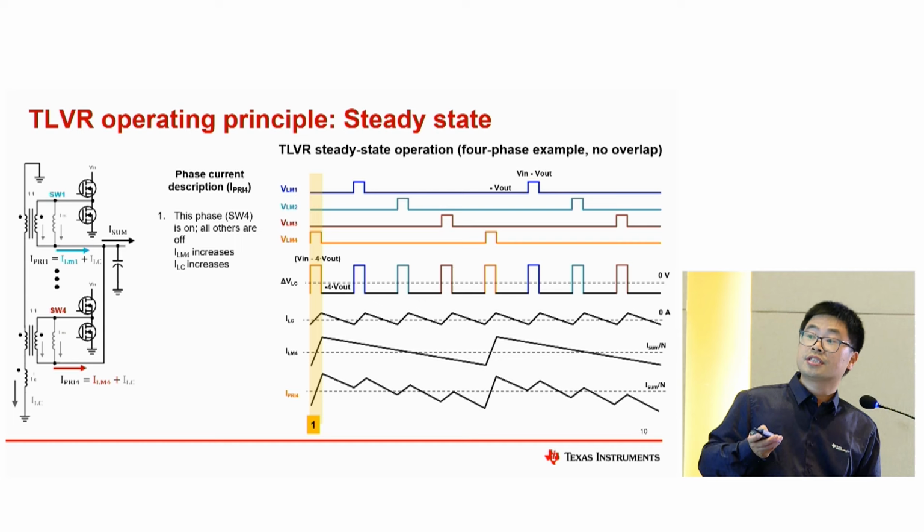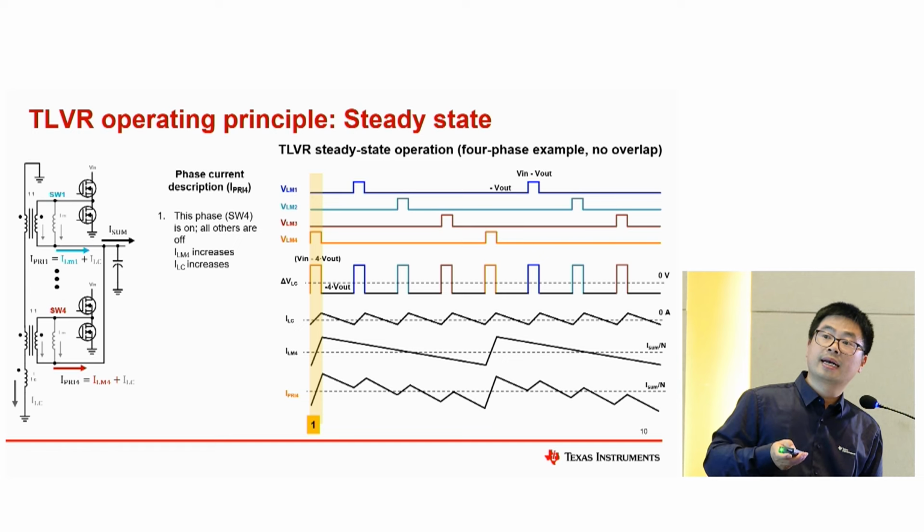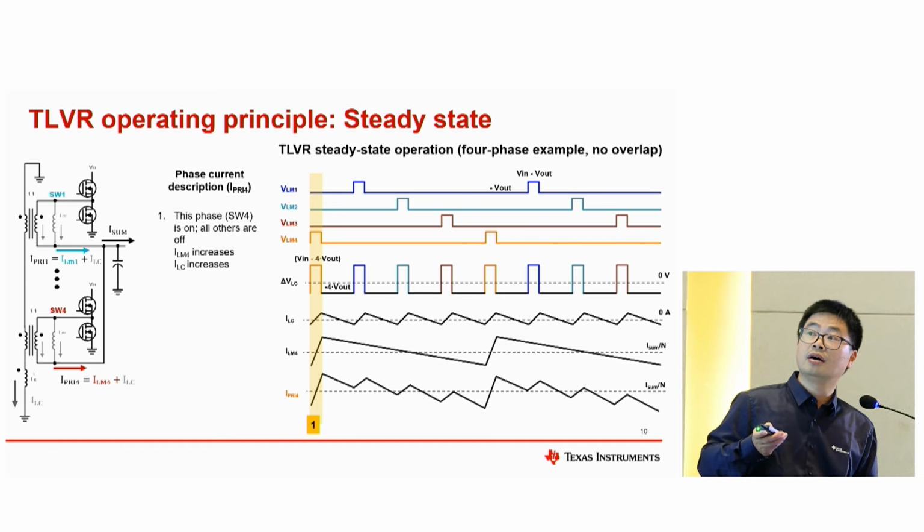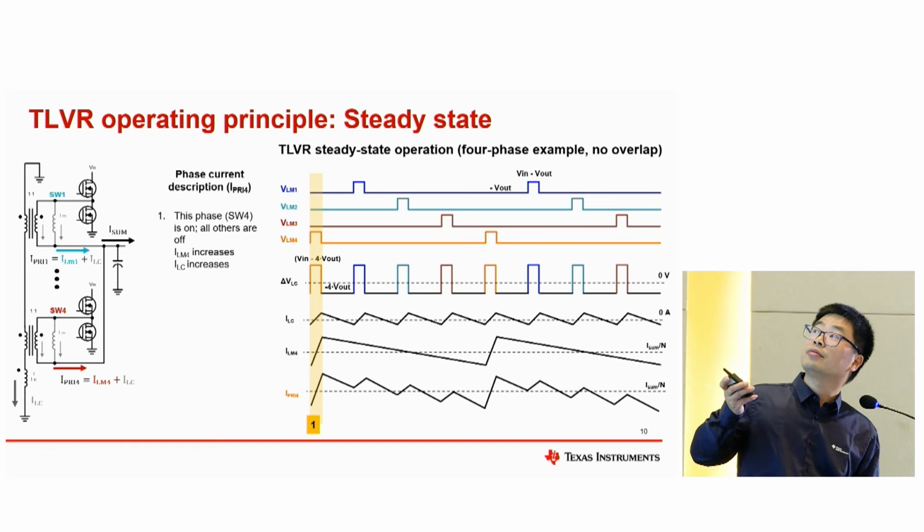In the phase states here, we can see that only this MOSFET is on, and for the other phase, the top side MOSFET is off. So we can get the voltage on the magnetizing inductor is V in minus 4 V in minus V out.